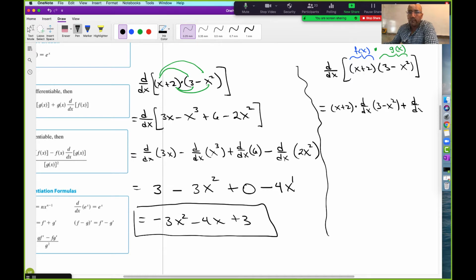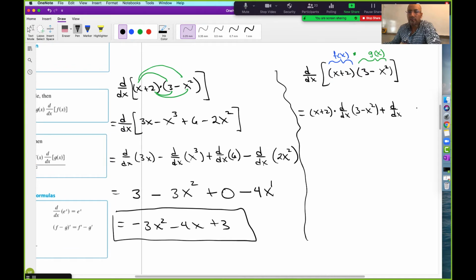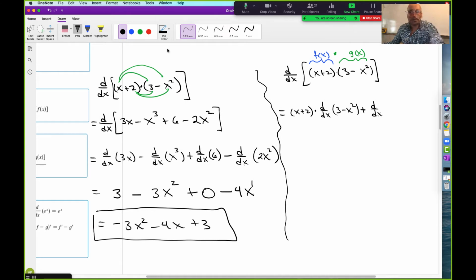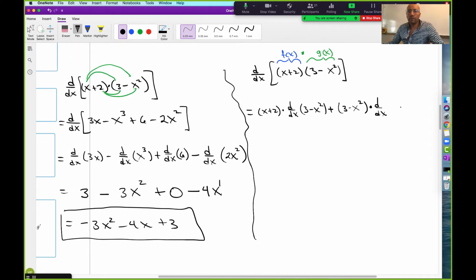and now we already skipped the first one, so let's find the derivative with respect to x of the first one. Again, the order doesn't matter; I just want to write it this way so it's clear. So 3 - x² times d/dx of the first one, which is x + 2.